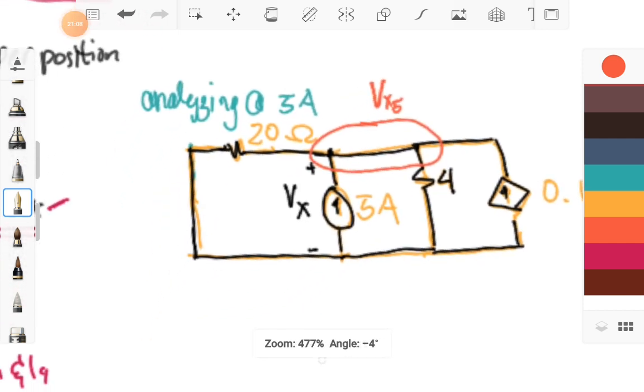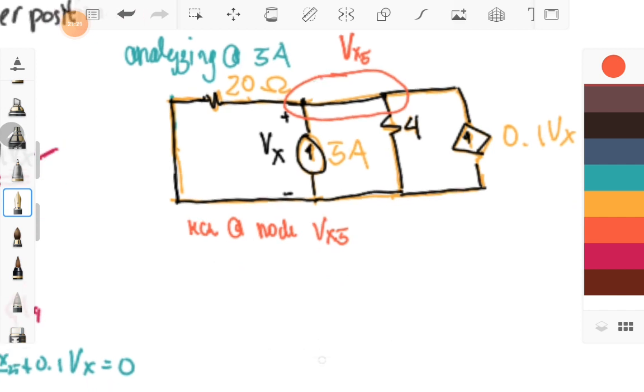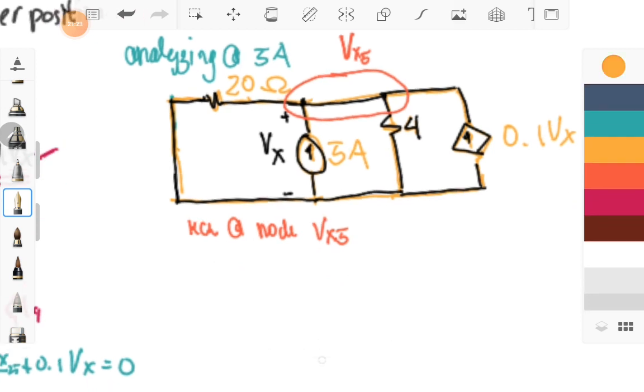KCL at node Vx5. So we have our currents, assumption of current. So dito ako mag-assume since current source na to, ito na lang yung assume natin at 20 ohms. So this will be my current at 20 ohms, and then pababa sa 4 ohms.